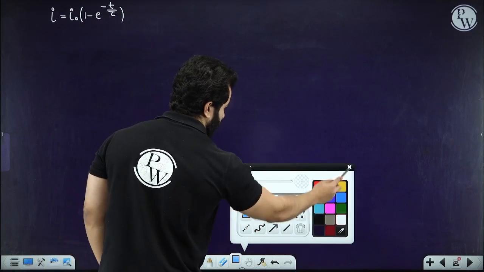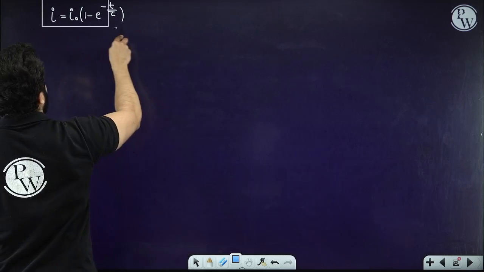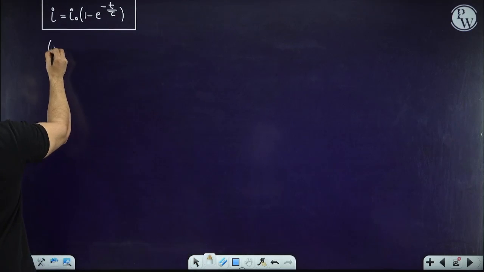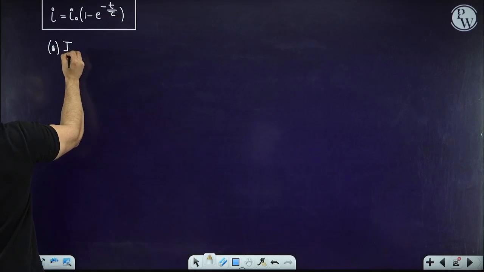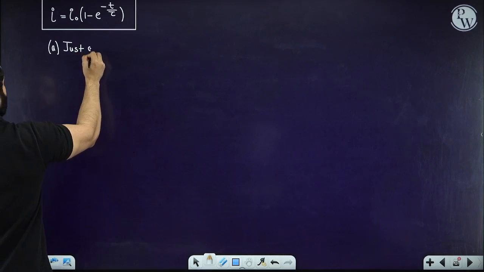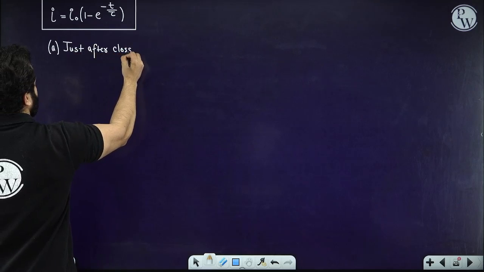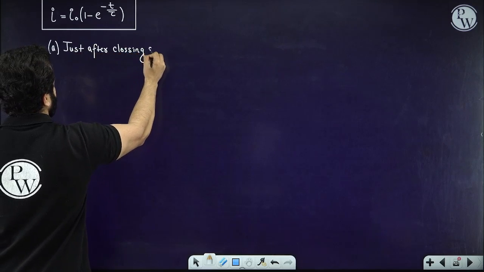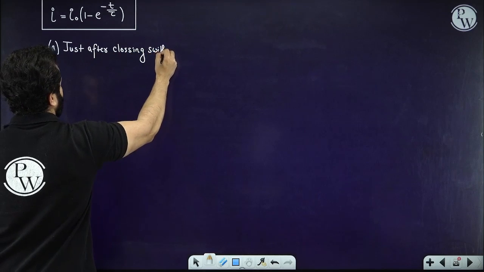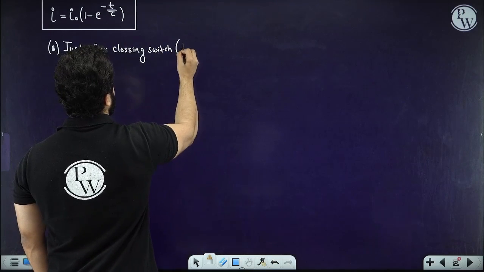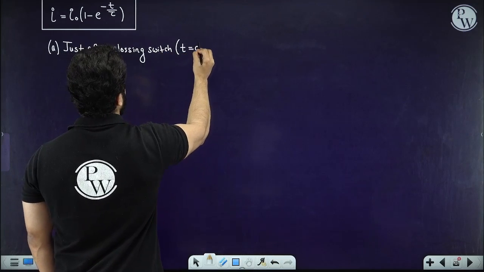If we are seeing this equation, this is current at any time t. But let's suppose we are talking about just after closing the switch. That means t is equals to 0, right?